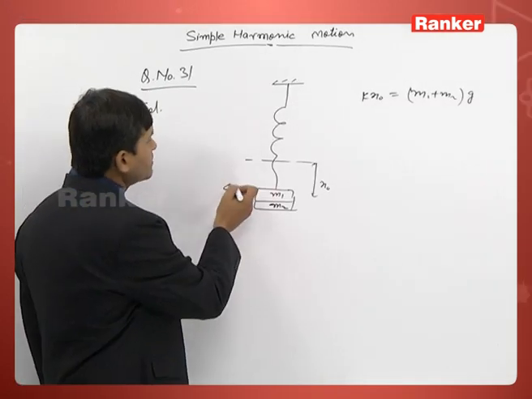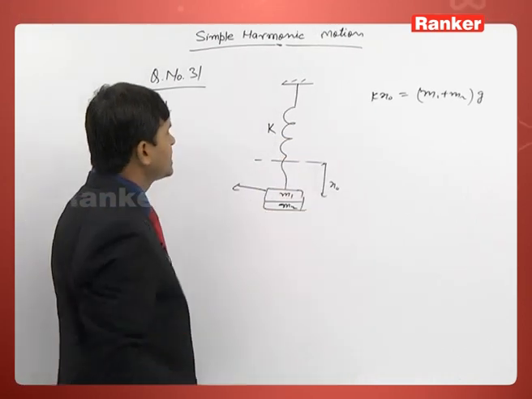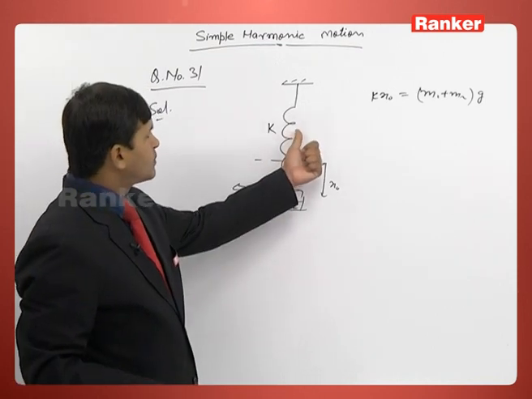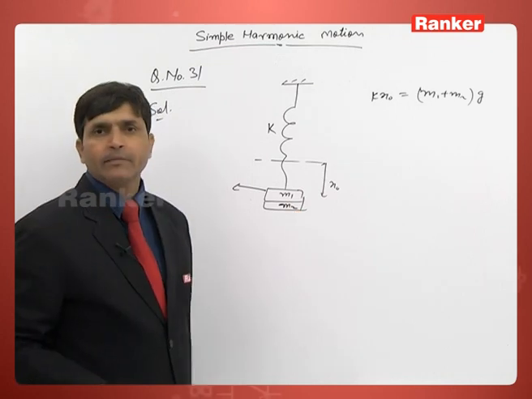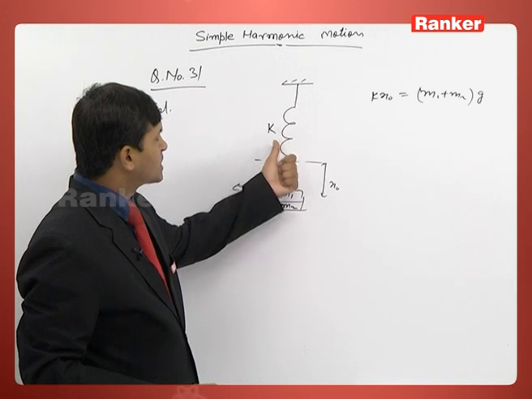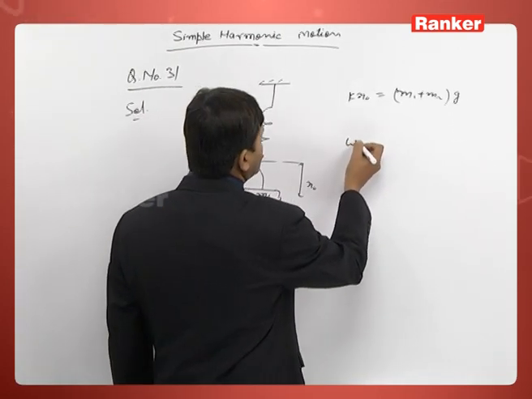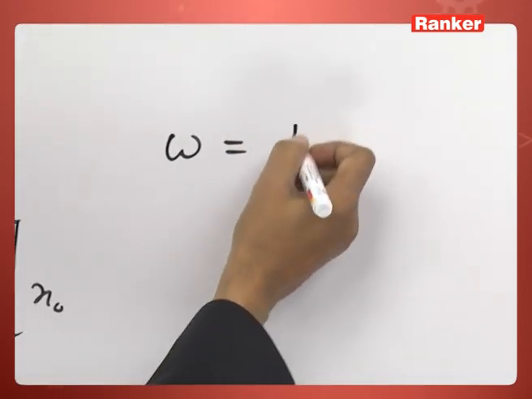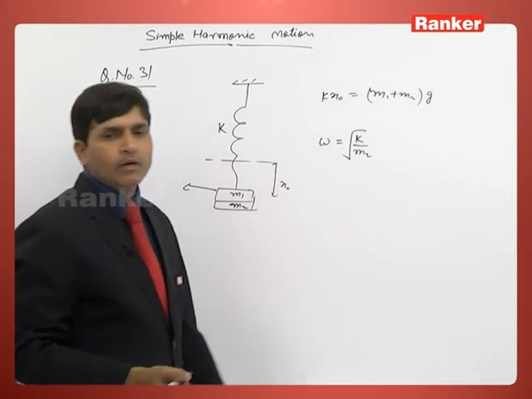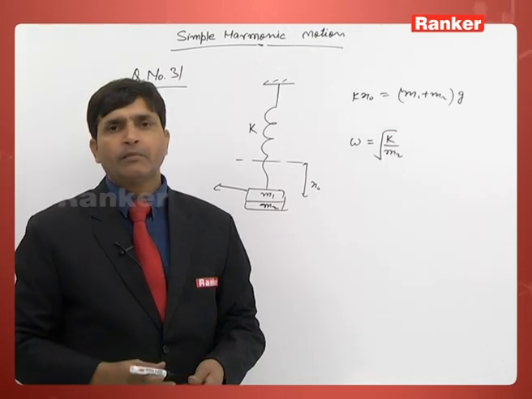When M1 has been removed, only M2 is left, and the spring remains the same with force constant K. So neither force constant changes, only mass M2 is there. So whatever the frequency, that is because of the spring constant K and M2. So angular frequency omega will be root over K by M2. No difference, no effect of the removal of mass M1.